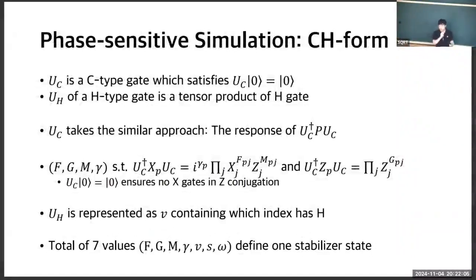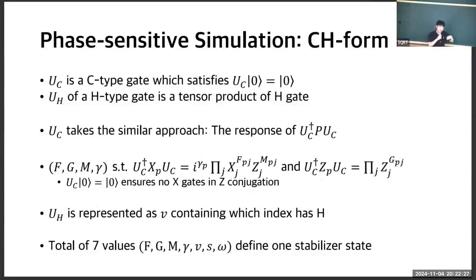So the C-type gate and H-type gate are the gates that satisfy UC applied to 0 equals 0. So UC is a stabilizer of the state 0, and UH is just a tensor product of Hadamard gates. For UC, S and C naught and Z are included in UC, and UH just contains the H gate.